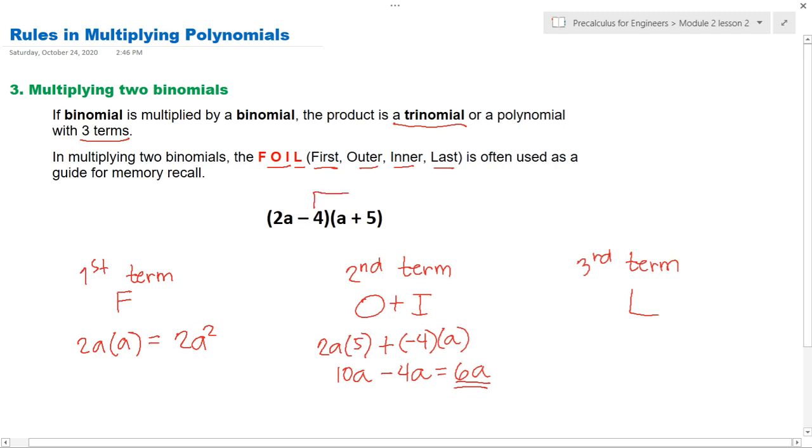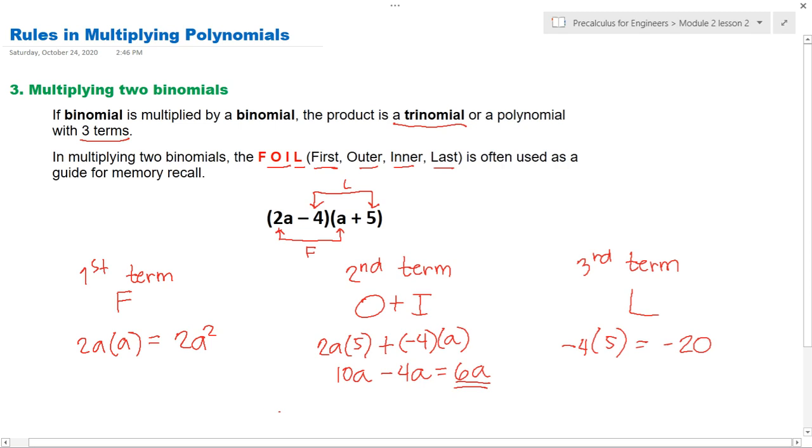For the second binomial, this is the last term. Just multiply the last. It is opposite for the multiplying the first. So, ito kasi yung first. Ito yung F, tsaka ito yung L mo. So, see the difference. So, multiply the last. You have negative 4 times positive 5. So, this will be equal to negative 20.